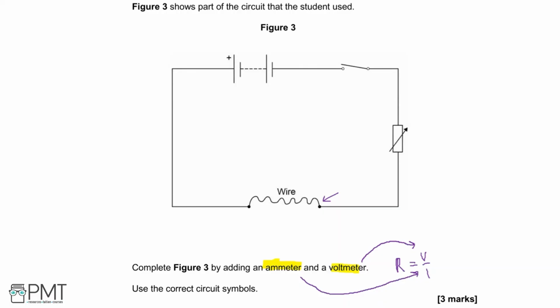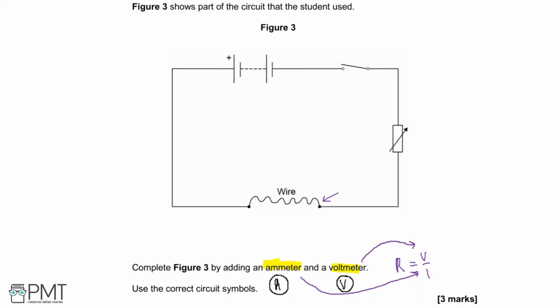The symbol for an ammeter is just an A in a circle like so, and the symbol for a voltmeter is a V in a circle like so. When we're talking about current, we talk about the current through a component. What we need to do to calculate the current through this wire is just put the ammeter in series.